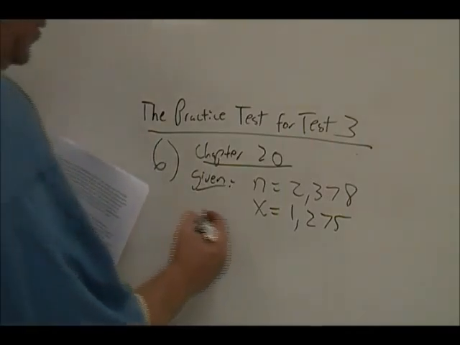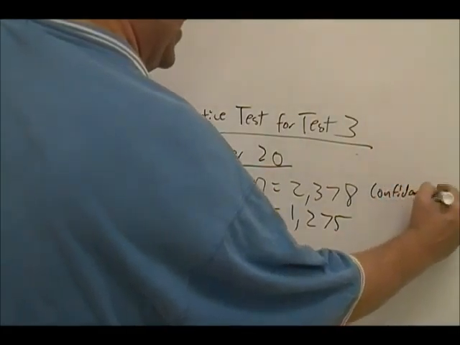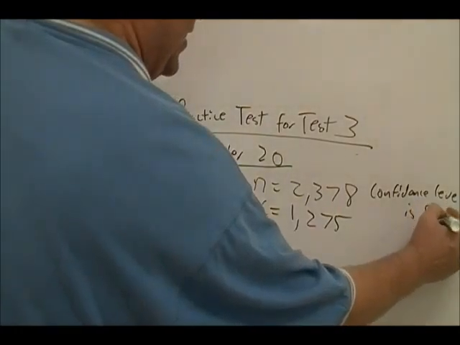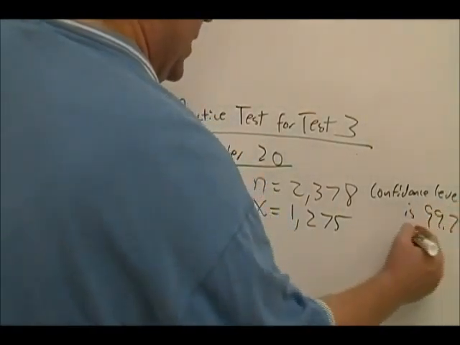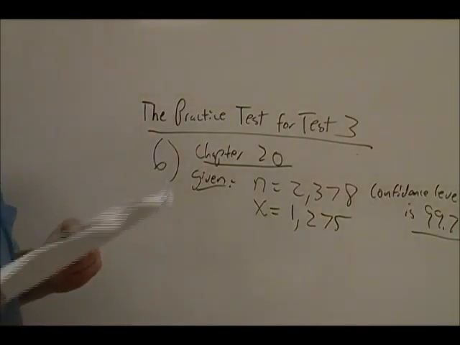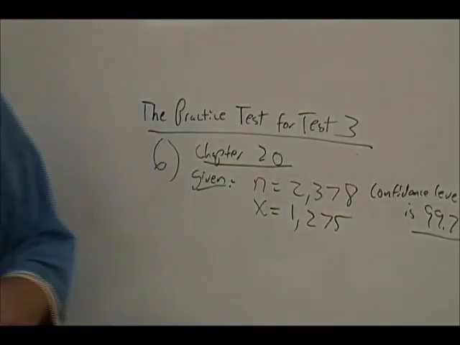And the confidence level is 99.7%. So we're computing a confidence interval estimate for the actual percentage of voters that voted for Bill in this election at the confidence level of 99.7%.